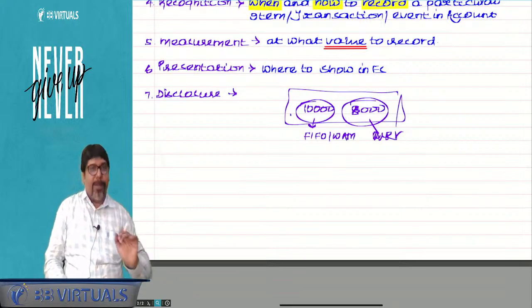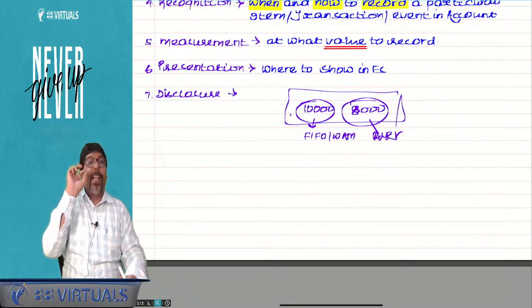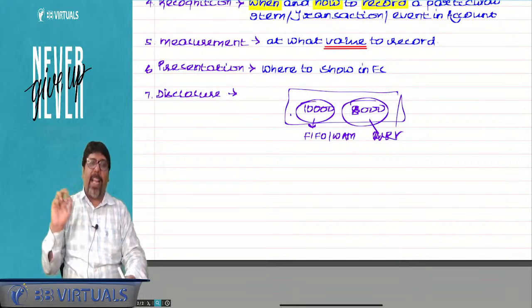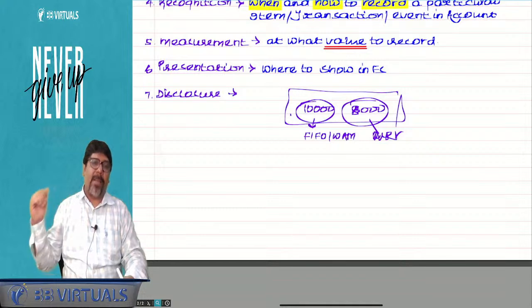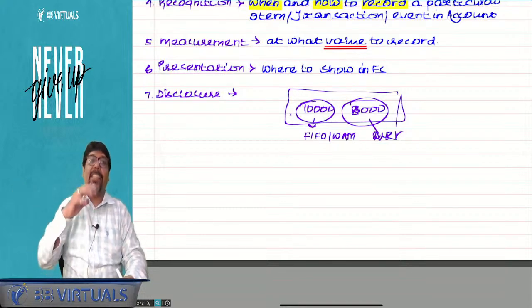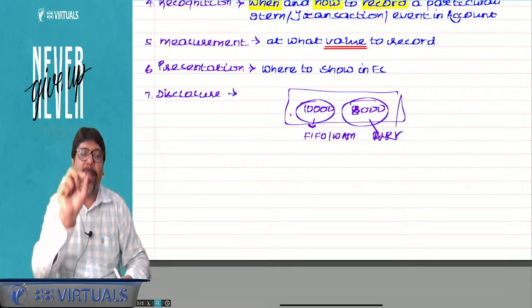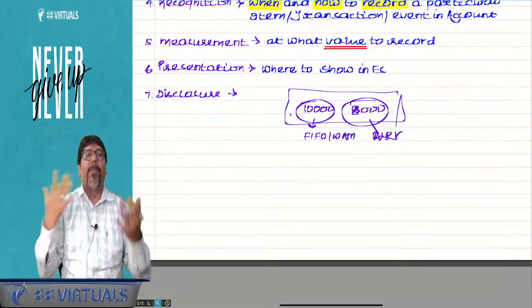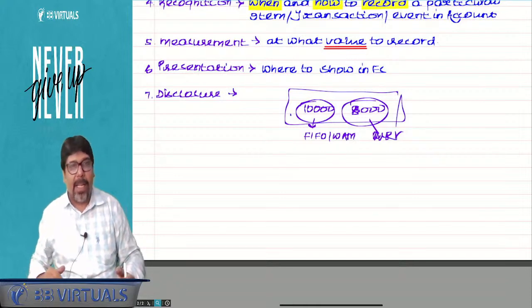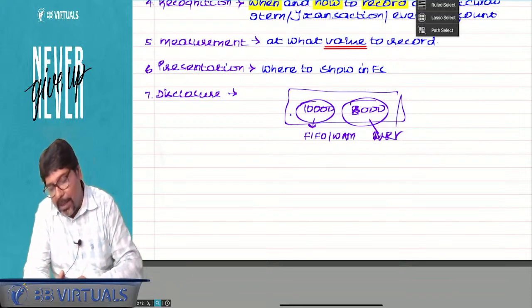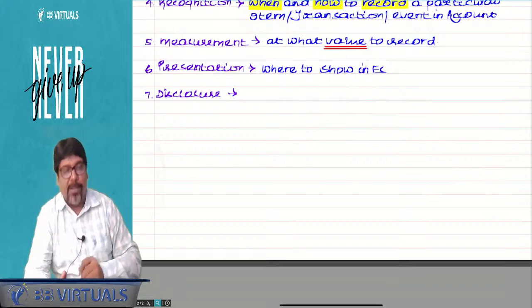So in the notes, in disclosure, 8,000 is the lower of cost and NRV. Cost has been computed by using FIFO. NRV has been computed as under. That is qualitative, which you cannot write in the financial statement because the financial statement records only numbers. So the qualitative description makes the numbers make sense with disclosure.